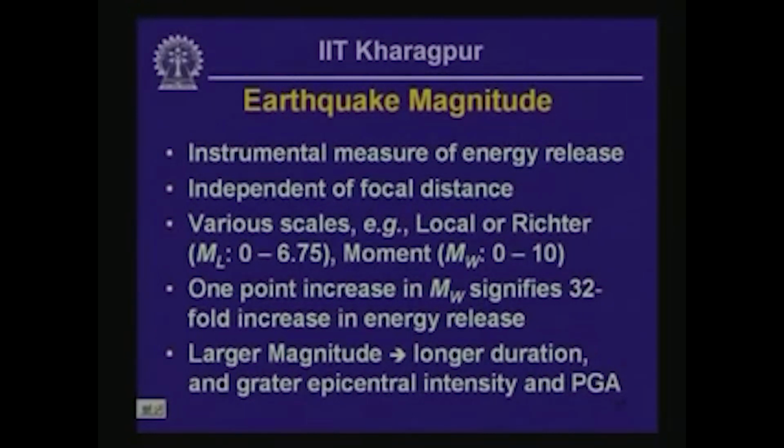This scale saturates at a magnitude of about 6.75, or you could have the moment magnitude scale which goes from 0 to 10. You should note that a 1 point increase in moment magnitude signifies about a 32-fold increase in earthquake energy release, and the larger the magnitude, the longer is the duration of the earthquake, and the greater is the epicentral intensity and PGA.